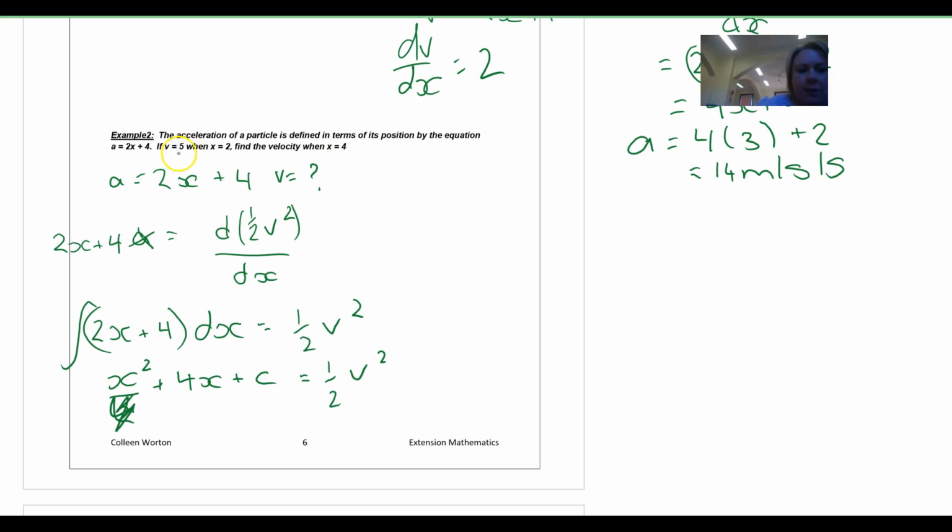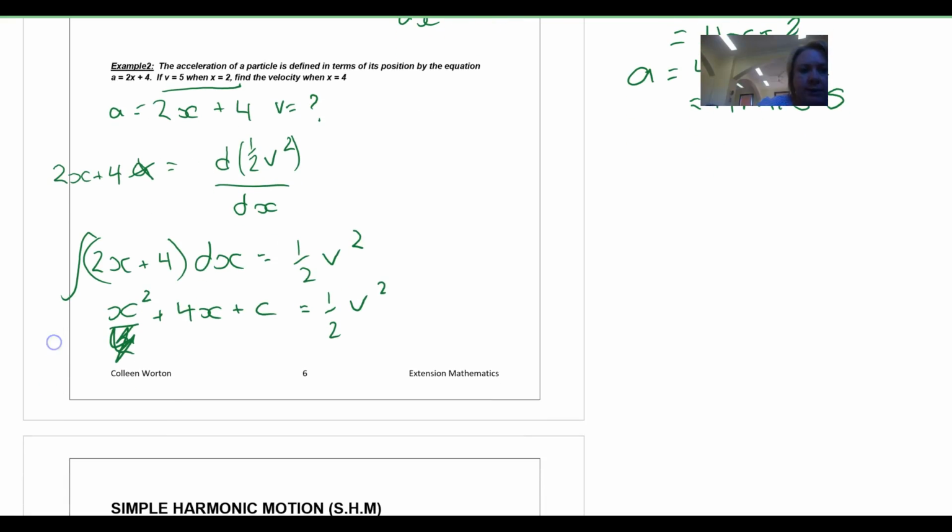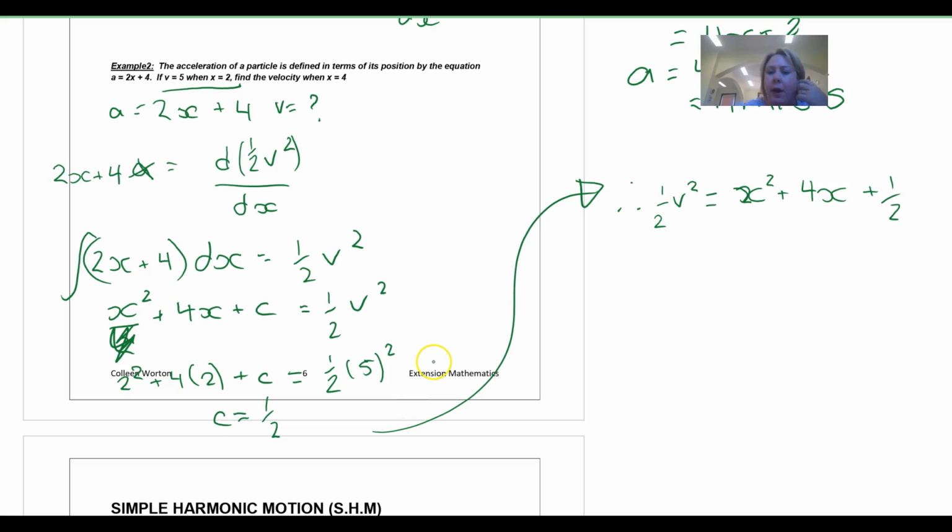And it says if v is 5, x is 2, well that tells me I've got to sub it in and find c. So when v is 5, x is 2, c is a half.